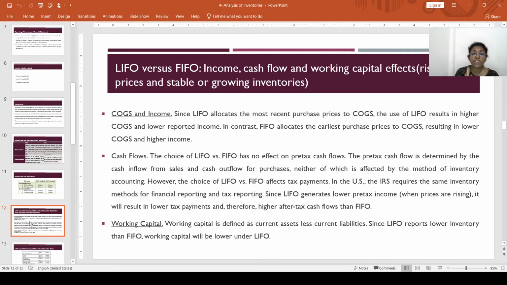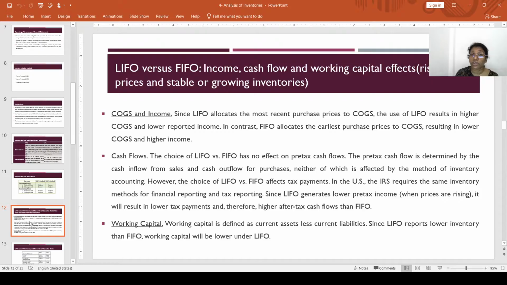Because of LIFO, we have the lower price at the closing stock, and in the FIFO we have a higher price in the closing stock. So since we have a lower profit under the LIFO method, the income tax liability will be lower. Under the FIFO method, if we have a higher inventory figure, this is an indication of a higher profit figure as well. If the profit figure is higher, we have to pay more tax for the company.